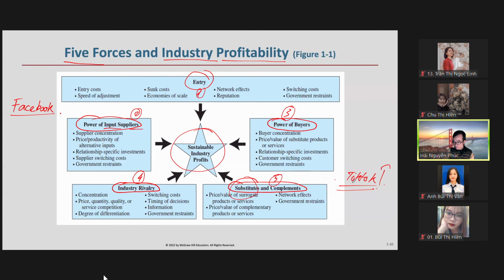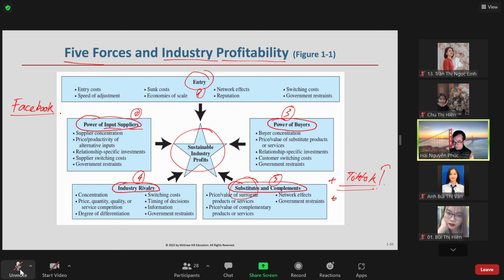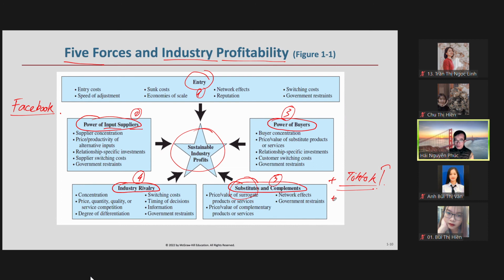Điều gì nữa? Ví dụ TikTok là một yếu tố ảnh hưởng này. Theo các em hiểu thì có thể yếu tố nào ảnh hưởng? Một yếu tố ảnh hưởng nữa mà các em có thể thấy, ví dụ như trong thời gian vừa rồi, Apple người ta đưa ra chính sách mới trong việc sử dụng thiết bị của mình, và cụ thể là gì?